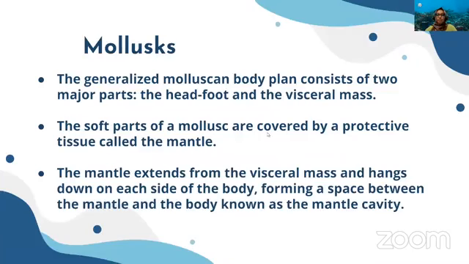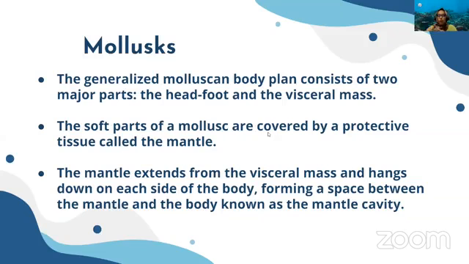So mollusks are generally soft-bodied organisms, and their body can be divided into two major parts. One is the head foot, the lower body part, and the visceral mass on top.